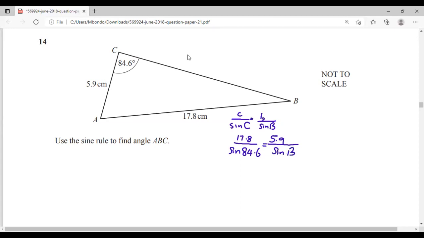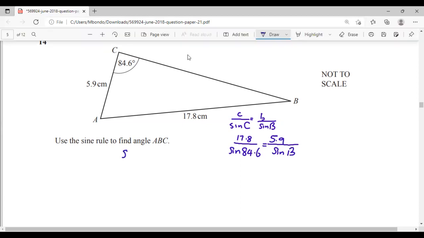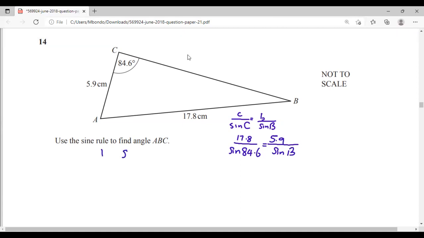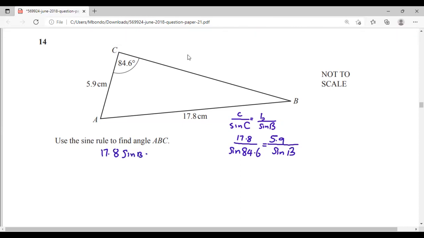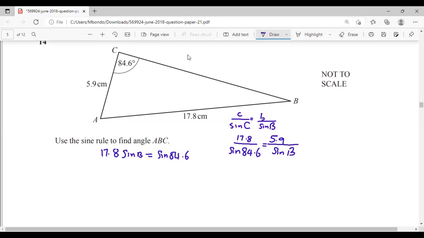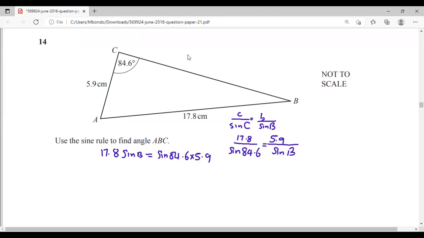Okay. So at this point, we need to cross multiply. When we cross multiply, we're going to have 17.8 sine B equal to sine 84.6 multiplied by 5.9. Now what we want is sine B, so we remain with sine B alone here.